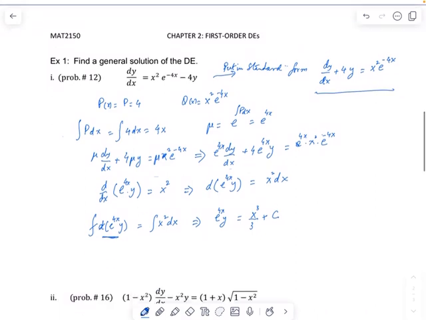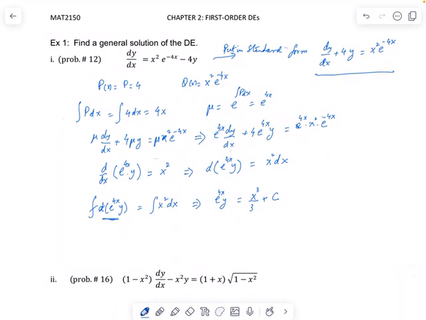So the next step is just to get y by itself. Always remember, we should always try to get the y by itself. So it means I have to divide by e to the 4x. So this gives me y is equal to, we won't leave it like this.